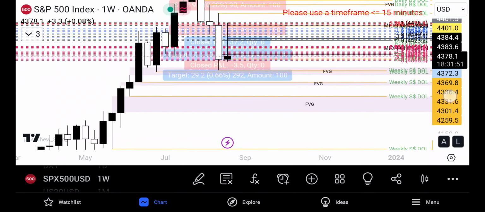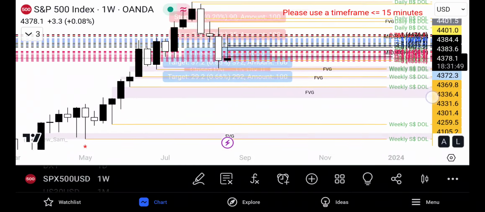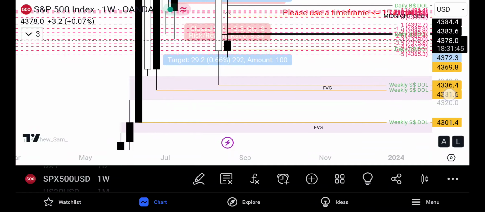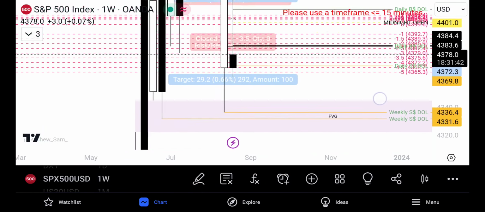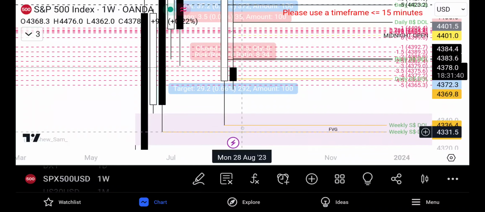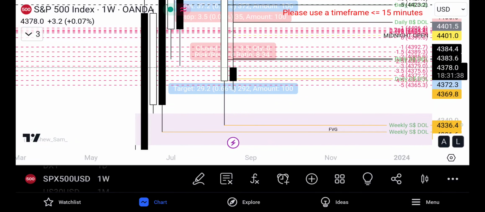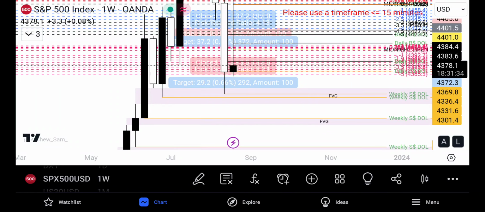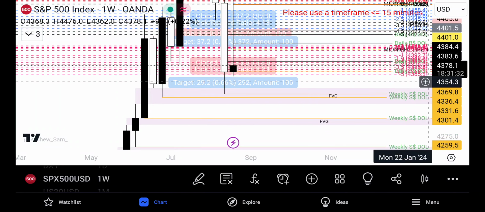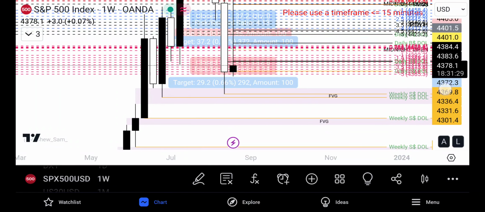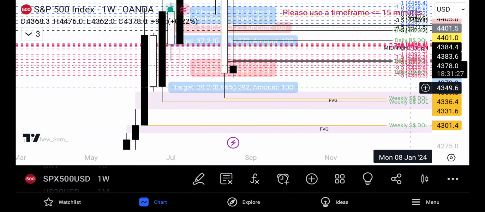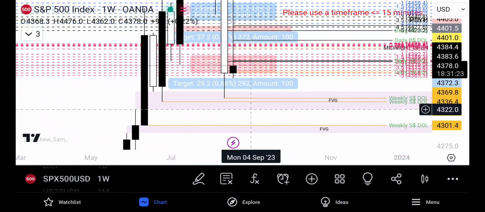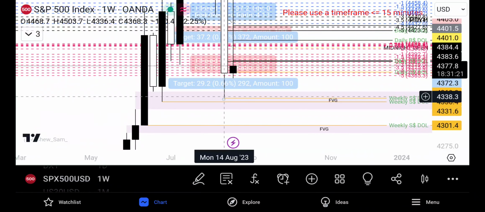We're going to need a lot of volatility for that to take place, but those are the targets that I believe price would touch for the week, at least 4336.4. And this is the S&P 500 versus the US dollar using the Oanda broker data. So that's what I am hoping for this week, that we'll get that low.